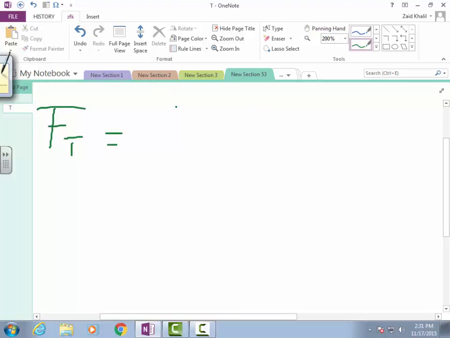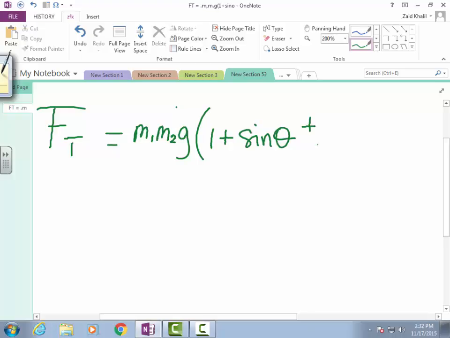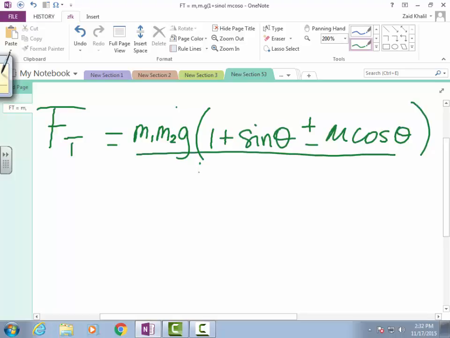I can factor out m1, m2, g. We have a 1 plus sine theta plus minus mu cosine theta over m1 plus m2.